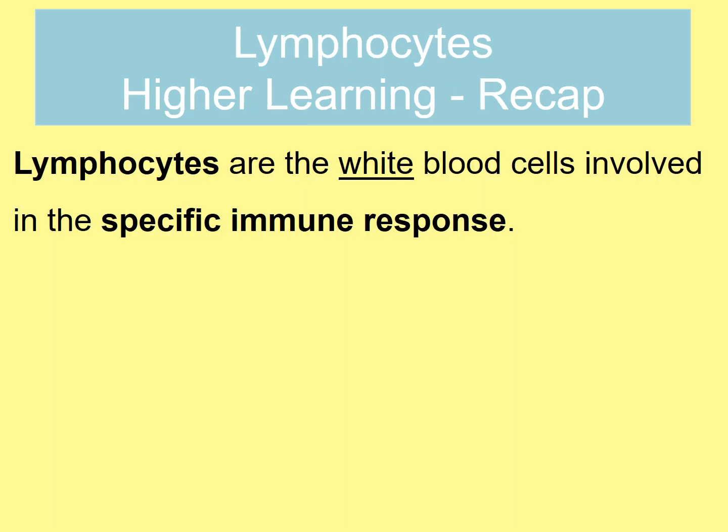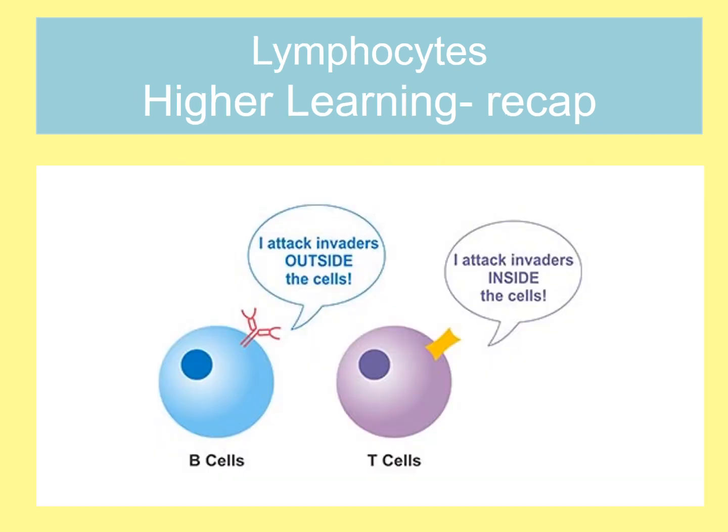A recap: this full chapter we've been looking at lymphocytes and the fact that they are white blood cells involved in the specific immune response. We have distinguished between B lymphocytes and T lymphocytes.